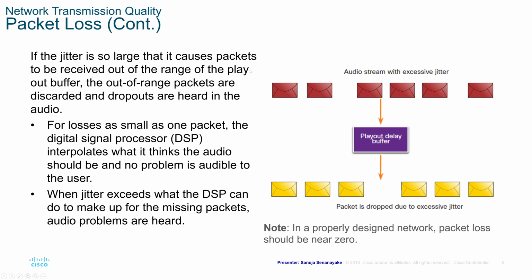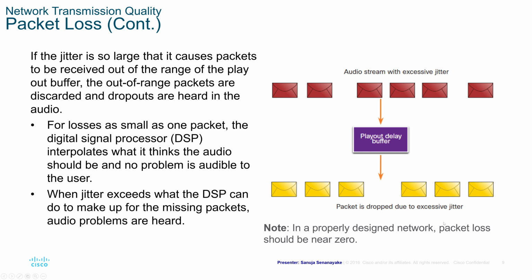So if there is just one packet lost once in a while, the users may not experience any issues on the VoIP system. But if the jitter exceeds what the DSP can handle, that would result in audio problems for both end users, whoever is on either side of the call.